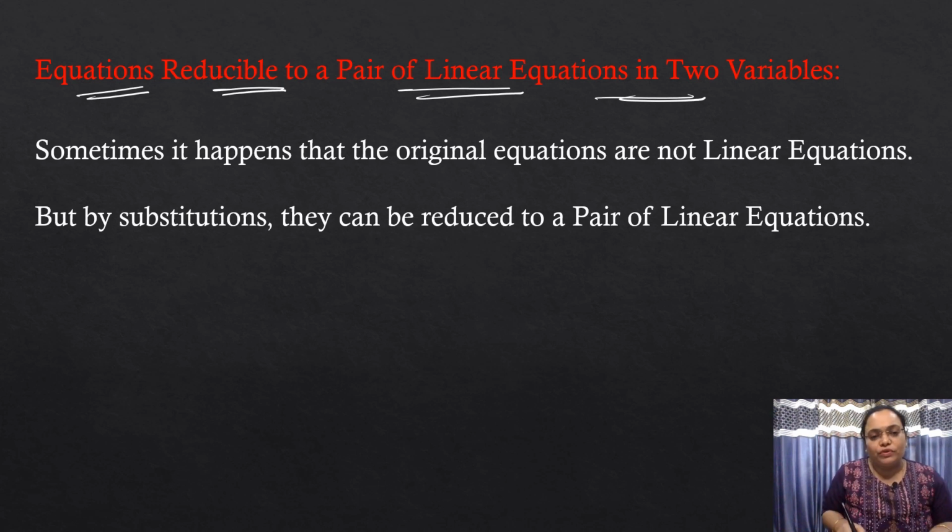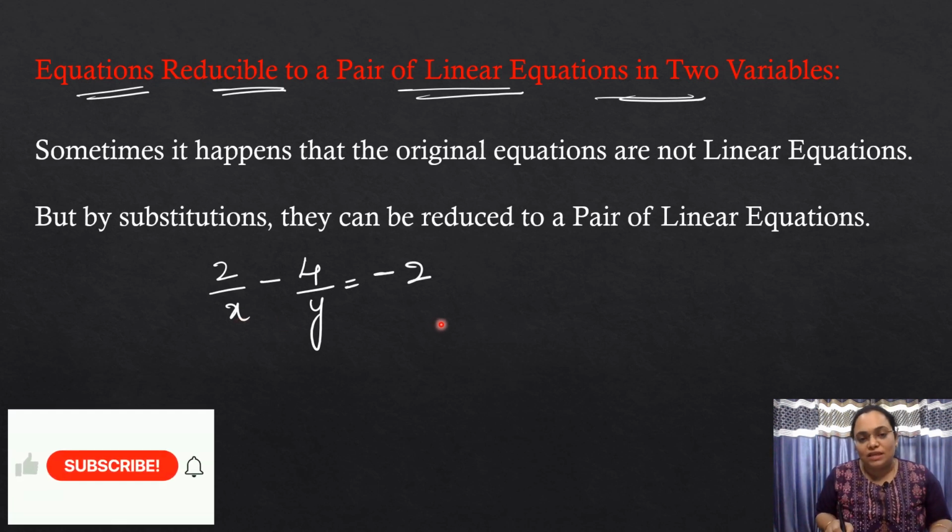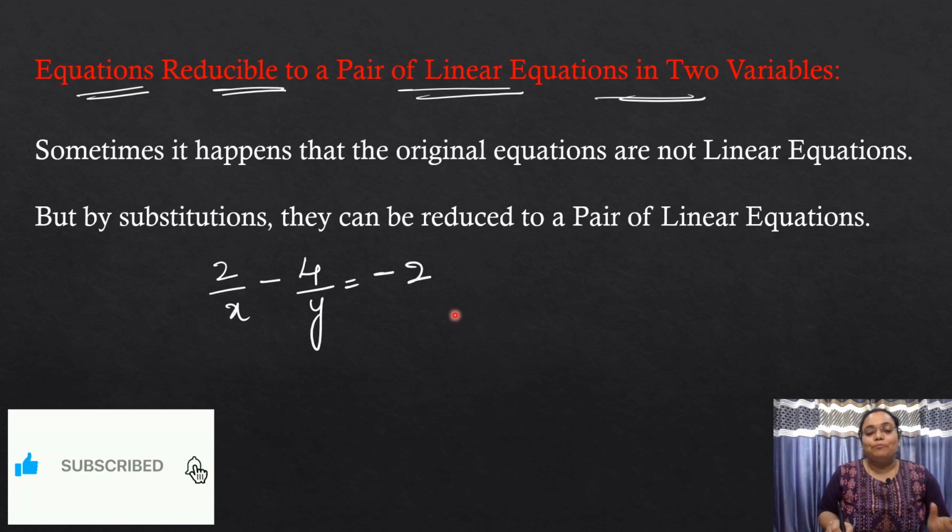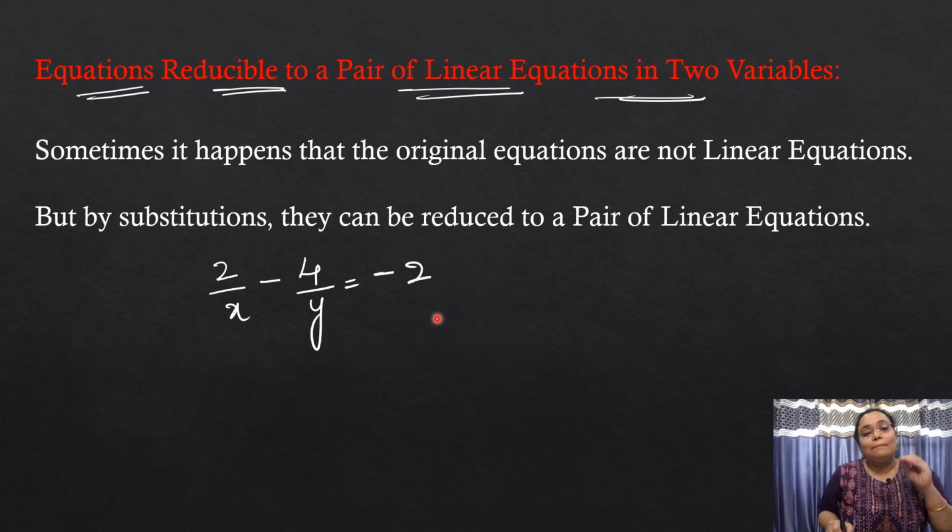If you take this example, 2 by x minus 4 by y is equals to minus 2, this is not a linear equation, right? So, we need to make this equation a linear equation. How do we do that?